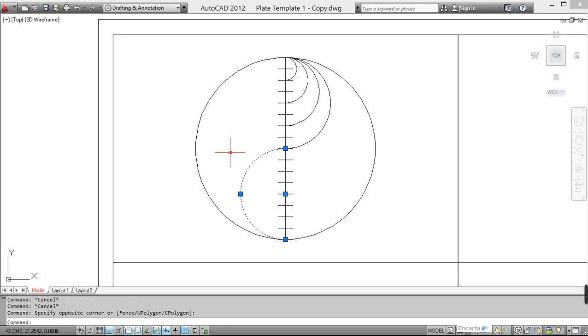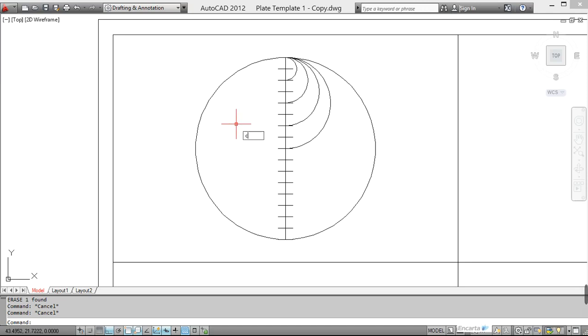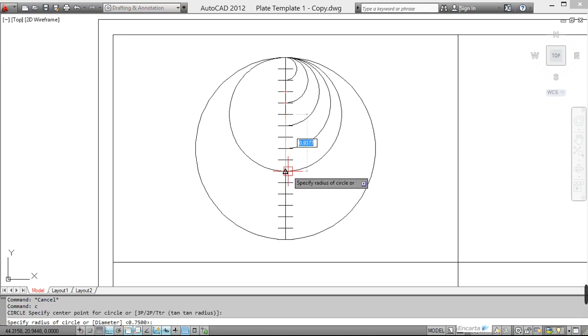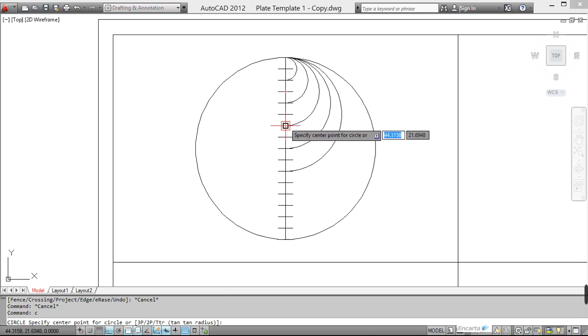Okay, wait. We still have this portion. So 2, 4, 5. 2, 4, 6.